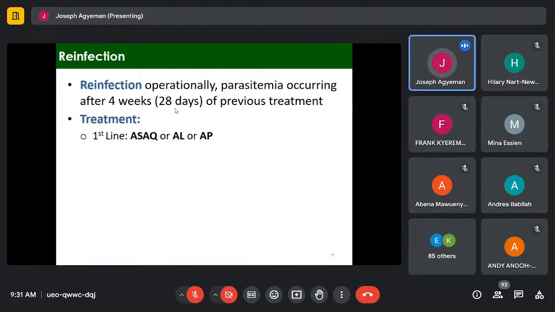The first episode is over, and this time you are free to go by the normal recommendations. You can take any of the first line agents: artesunate amodiaquine, artemether lumefantrine, or artesunate pyronaridine. If for any reason you can't take any of these, then you go to the second line agent, dihydroartemisinin piperaquine.